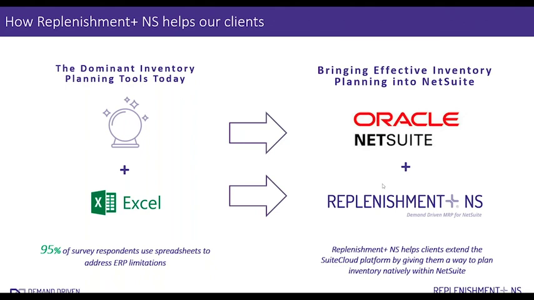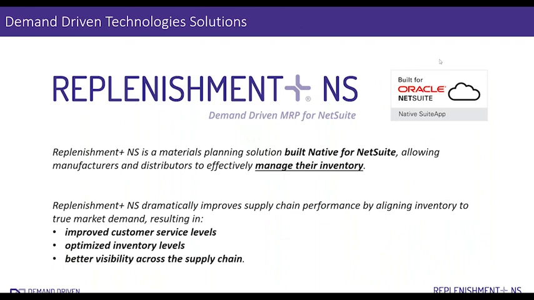So Replenishment plus NS is going to help our clients extend the SuiteCloud platform by giving them a way to plan for inventory natively within NetSuite. So our goal here is to get you out of Excel and into planning within NetSuite. So the product we're talking about today is called Replenishment plus NS. This is the first and only demand-driven MRP solution built native to NetSuite.